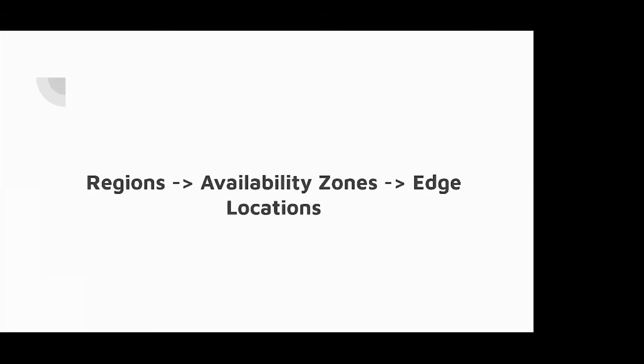So the last one is called edge locations. Edge locations are there to address that first issue that I have mentioned, the bandwidth or the latency issue. For an example, let's say you have a website that you hosted, a streaming website, right? That streaming website is hosted in Mumbai, but if someone from US or UK is trying to access it, that will take a lot of time given the bandwidth and the latency.